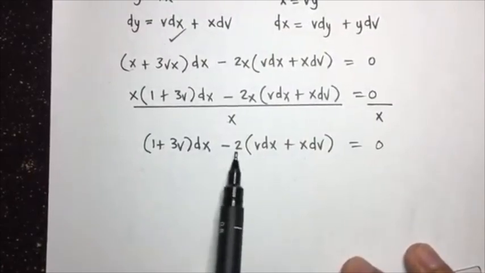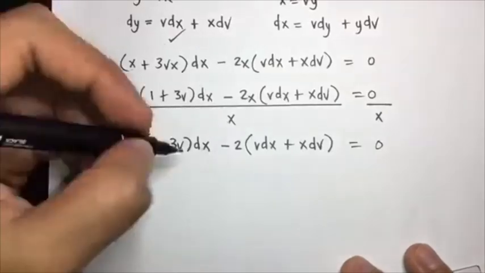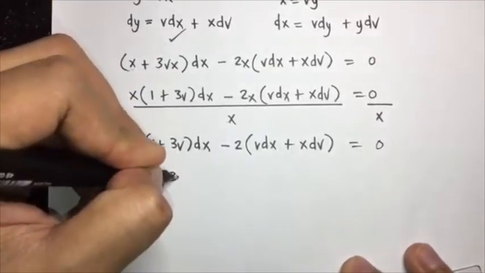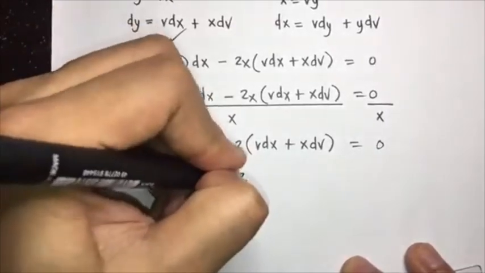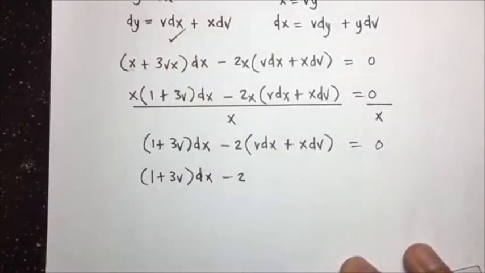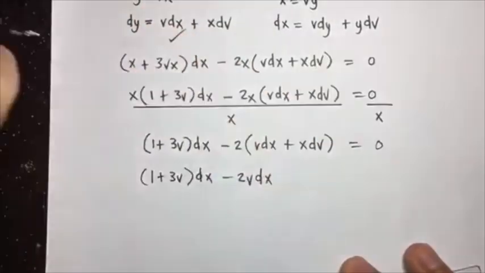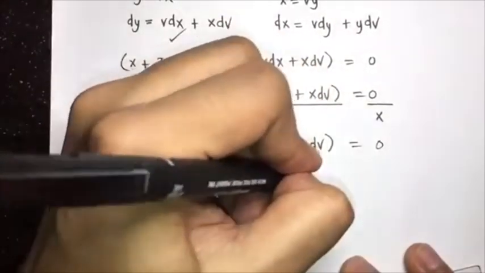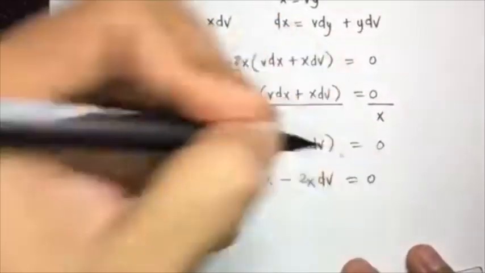Next, we must distribute 2 so that we can combine all the terms containing dx. So (1 + 3v) dx - 2v dx - 2x dv = 0.